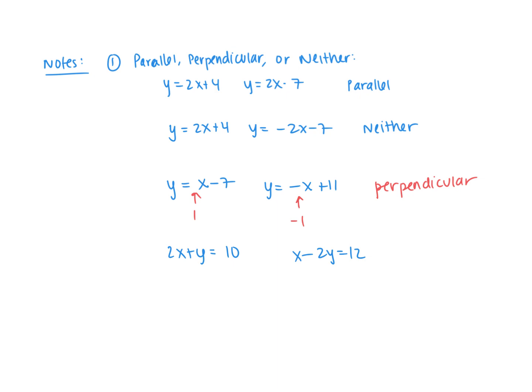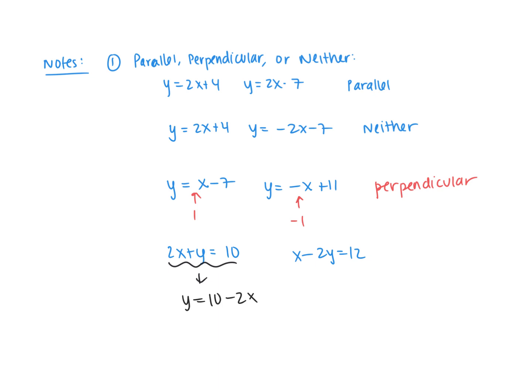No. There is no way for us to answer parallel, perpendicular, or neither right now because we don't know the slope right away. How could I find the slope? Well, this is standard form currently. What form do we want? The y equals mx plus b? Okay, so right here, if I solve for y, I get y equals 10, subtract 2x.